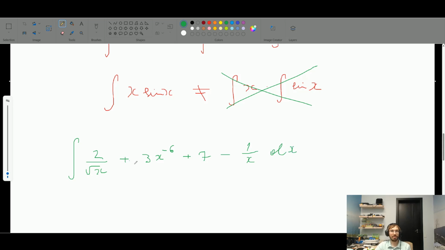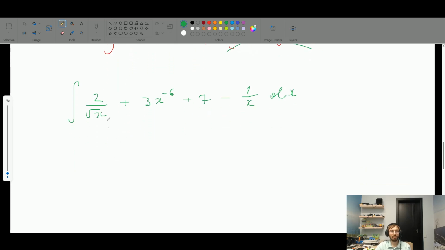This is an integral which consists of four monomials, four parts: part 1, part 2, part 3 and part 4 before dx. Since between the parts is plus or minus, we have a right to break it into several integrals.